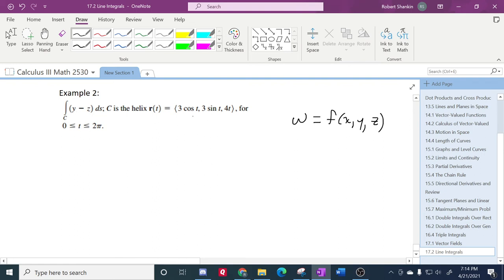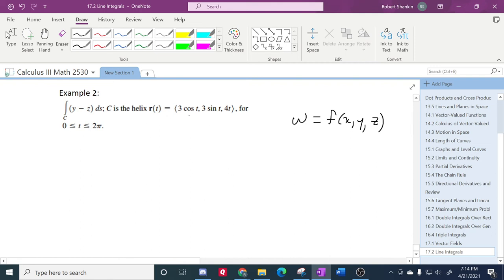And then this helix is this. By the way, remember, we're in 4-space. We can't visualize a surface above 3-space, but we can kind of get the idea.